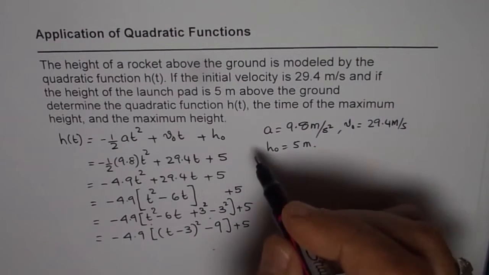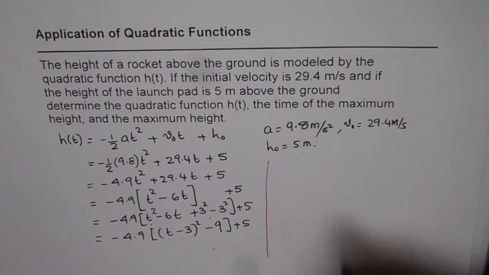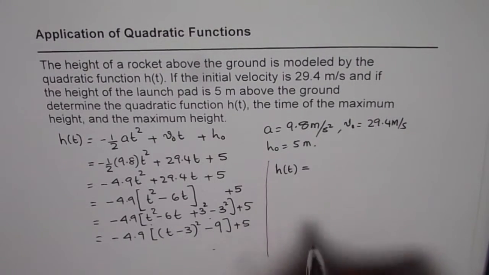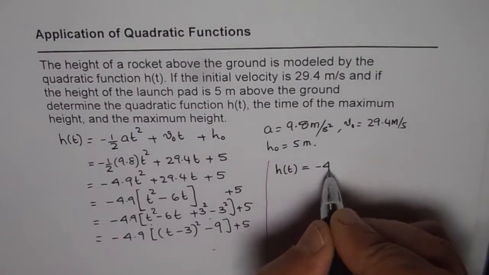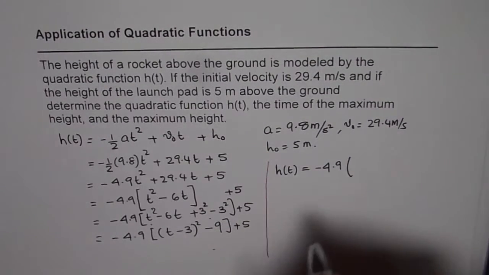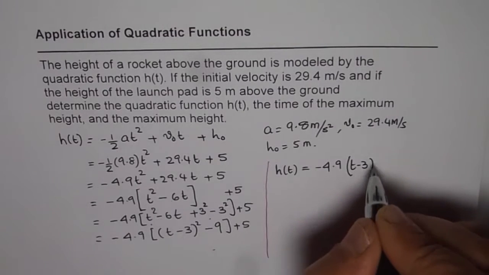So we have the answer, but we'll write it here. So moving here, we get h of t equals minus 4.9 within brackets, t minus 3 whole square.